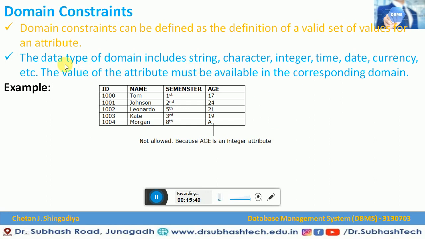And one more important thing, the data type domain includes these kinds of data, and the value of the attribute must be available in the corresponding domain. So age is an integer type of variable, so age should be a number. In this example, the last row does not contain the corresponding domain value, so this is not allowed. So this is what a domain constraint is in the relational data model of a database management system.